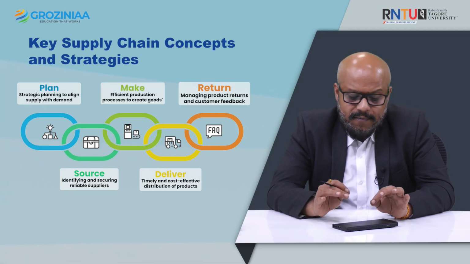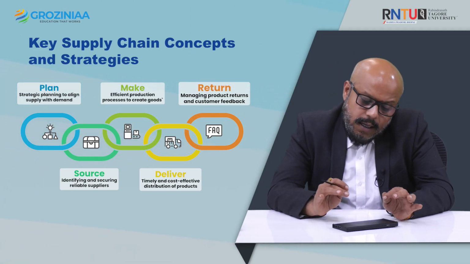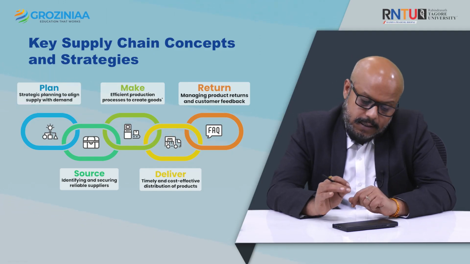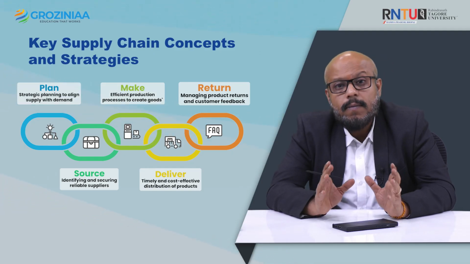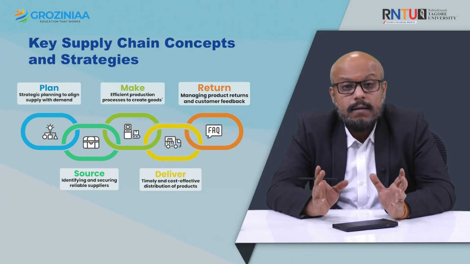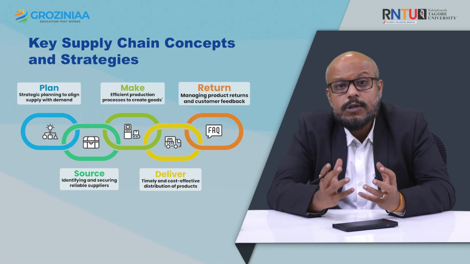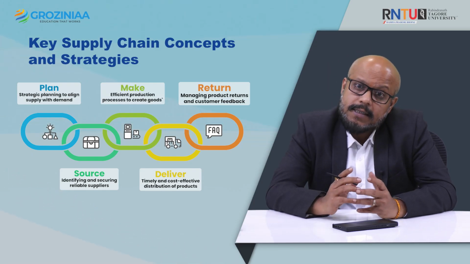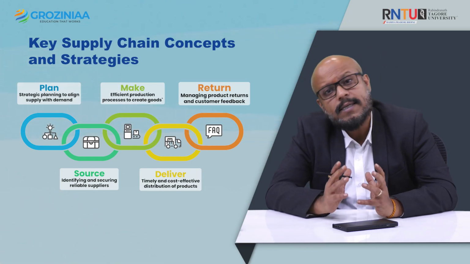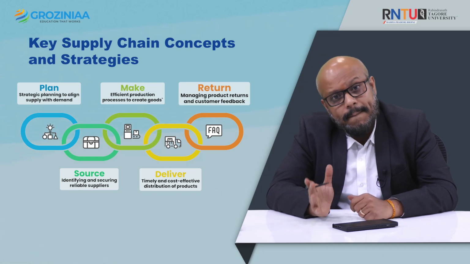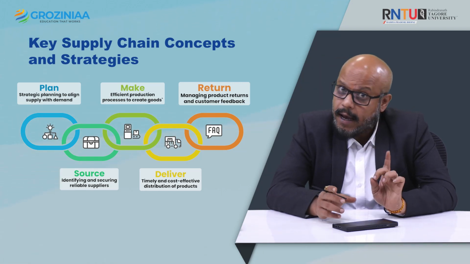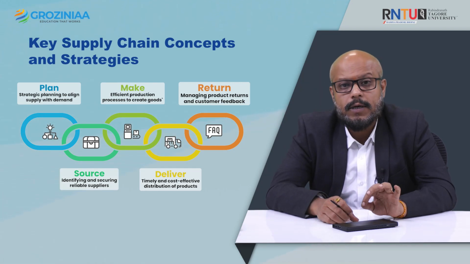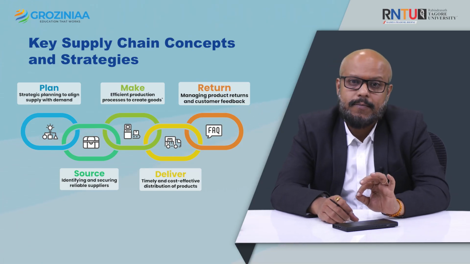At this point, we will only highlight the key supply chain components. First is, as I told you, planning. Second is sourcing the raw materials. Third is manufacturing, or what we call making. Fourth is packaging and then delivery, and finally, very important, is return of that product.